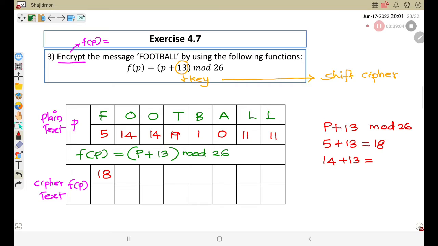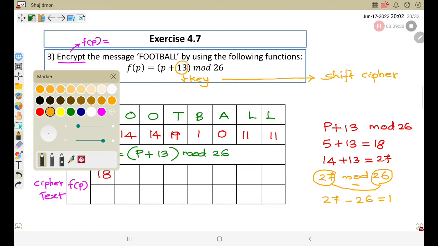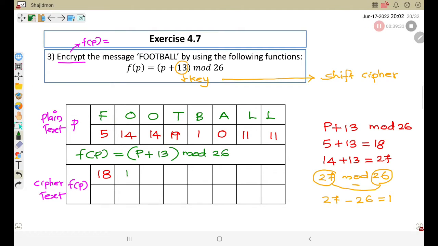So you need to check 14 plus 13 means 27. But for 27, what do we need to take? We need to take mod. So we need to write 27 mod 26. The easier way, as I told, is this number subtract this number, 27 minus 26. So 27 minus 26 is equal to 1. So I can write here the number 1.